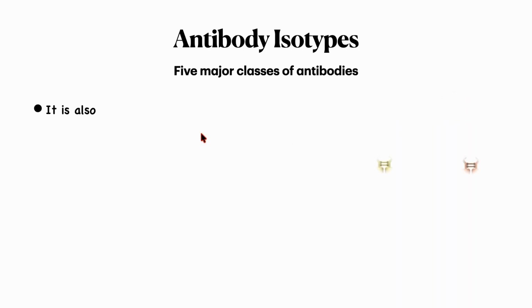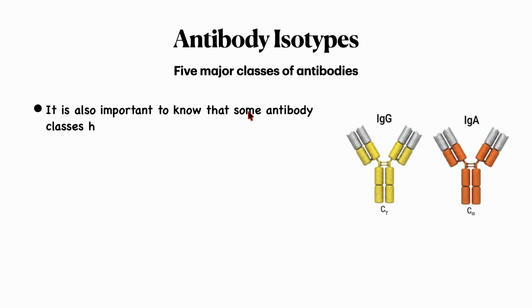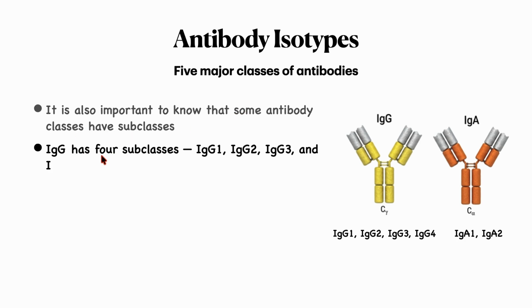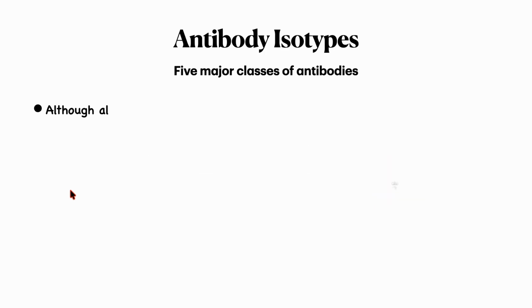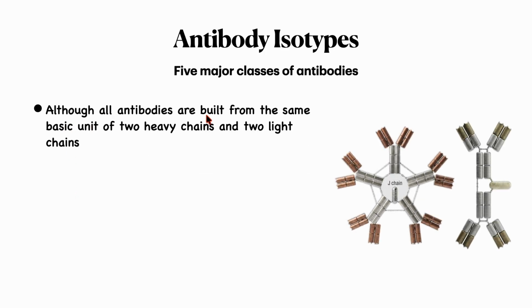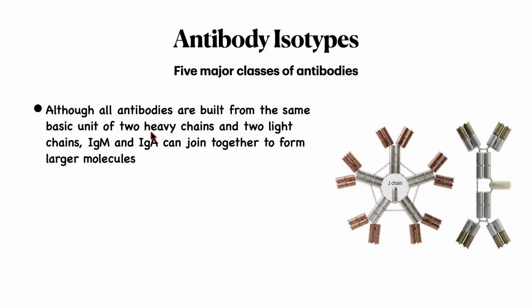It is also important to know that some antibody classes have subclasses. IgG has 4 subclasses: IgG1, IgG2, IgG3, and IgG4, while IgA has 2 subclasses: IgA1 and IgA2. Although all antibodies are built from the same basic unit of 2 heavy chains and 2 light chains, IgM and IgA can join together to form larger molecules.